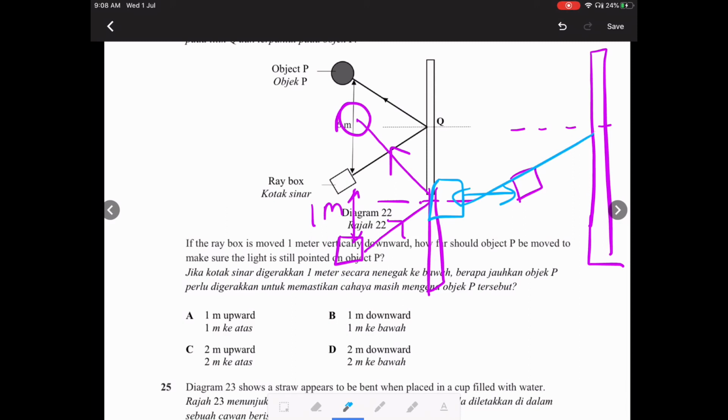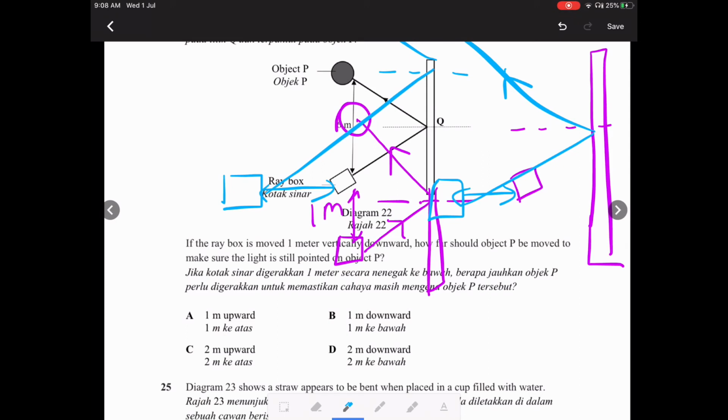Okay, so dia akan pergi ke sana. Jauh lah. Sebab dia dekat sini, dia gerak 1 meter. Kalau dia bergerak ke sini 1 meter, okay, dia akan sengit macam ni. Okay, so dia akan pergi ke sana lah. Jauh. Dia akan moving upward.